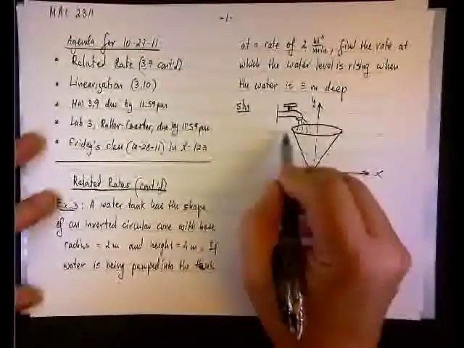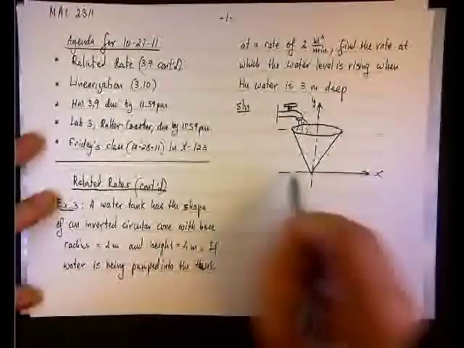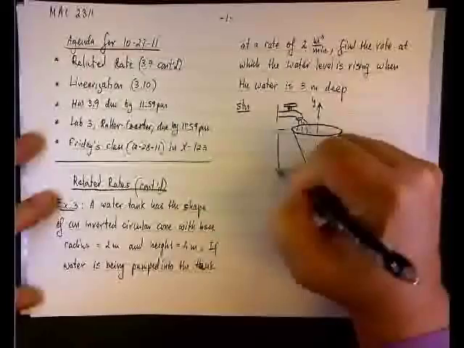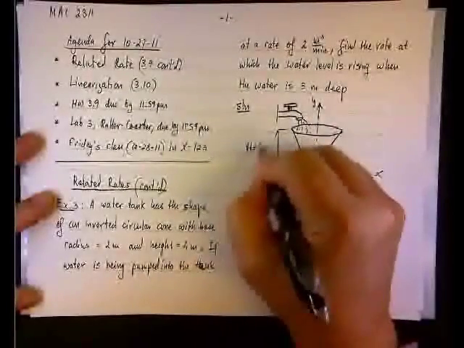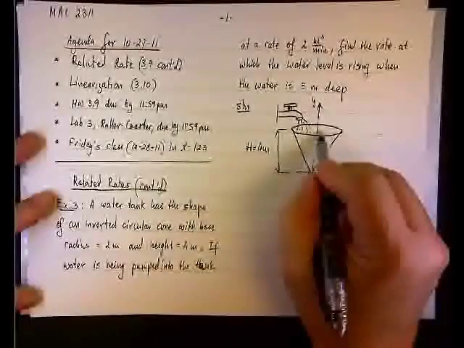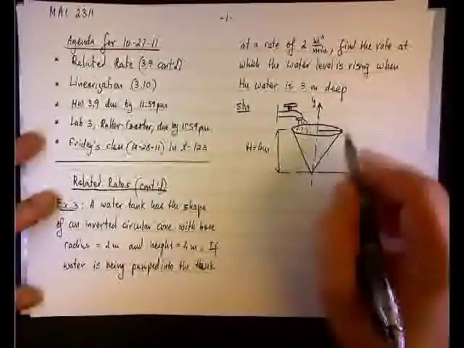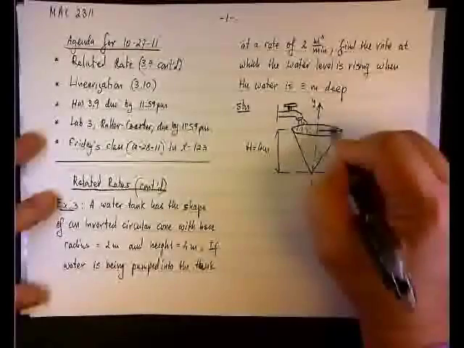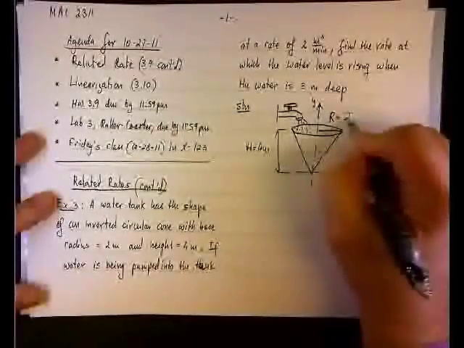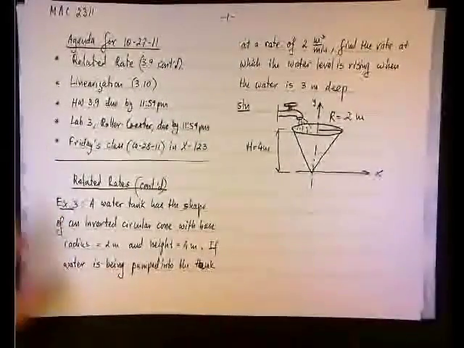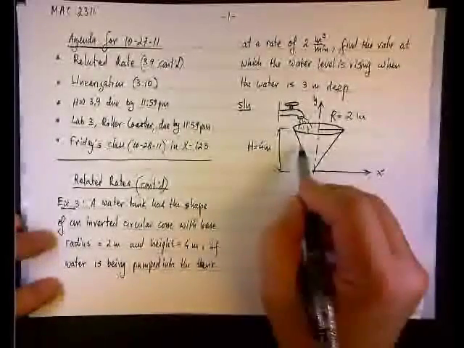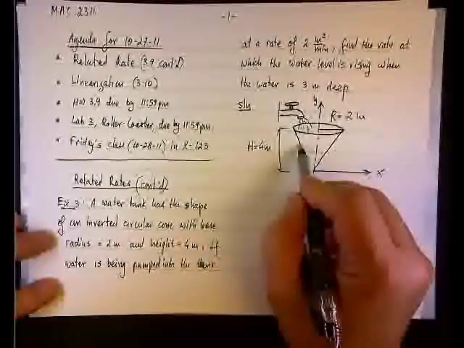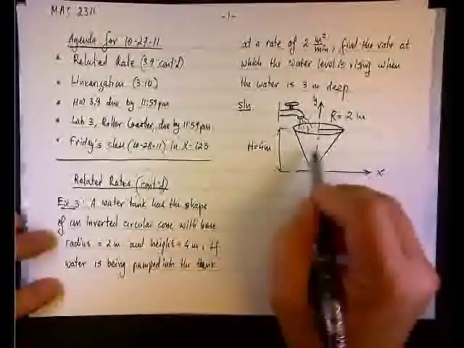So the physical dimension of this container or this tank is the height. So let's call it h equals 4 meter. And also the radius of the base, which is right there, it's r equals 2 meter. Okay? So the diameter and the height are the same. So what happened is, as we pump water, then the water level is rising.